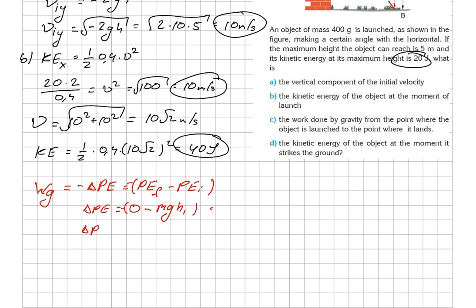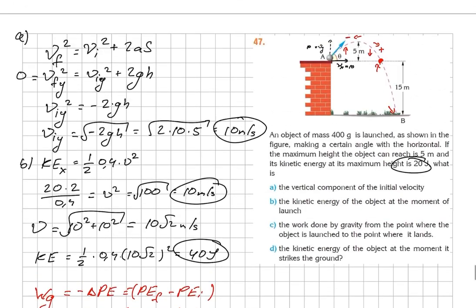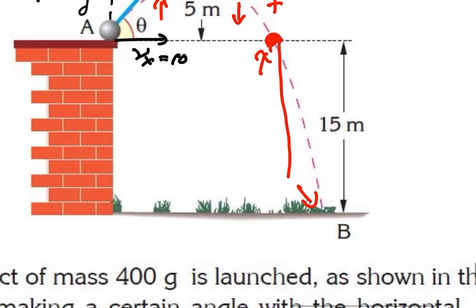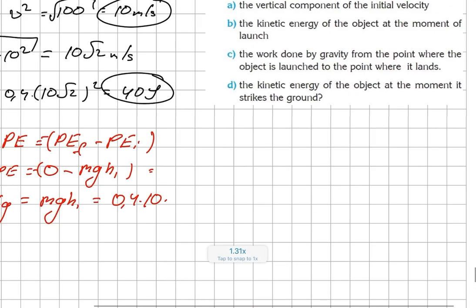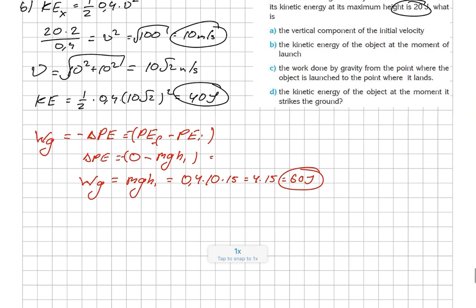So the work done by gravitational force will be just mgh1. The mass is 0.4 times 10 times h, which is 15 here. So 4 times 15 is equal to 60 joules of work done by gravitational force.